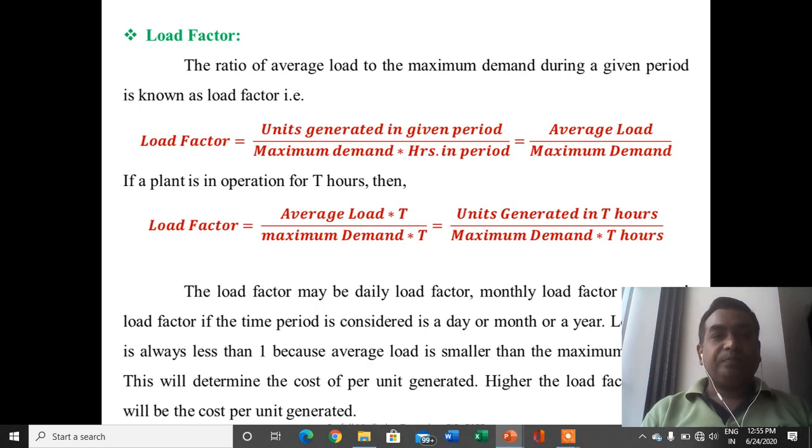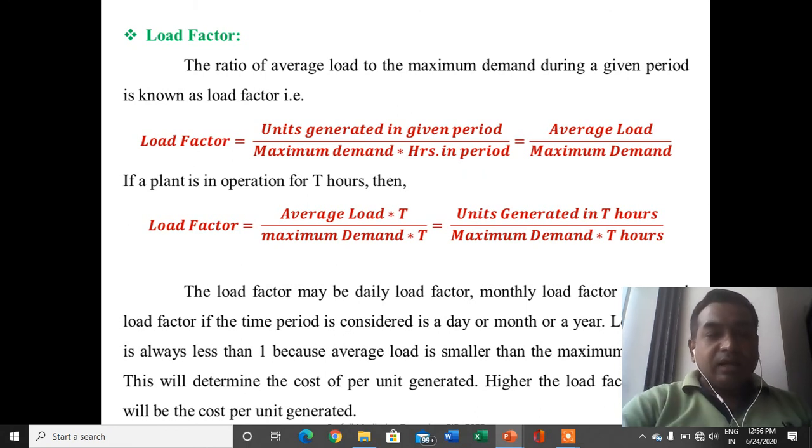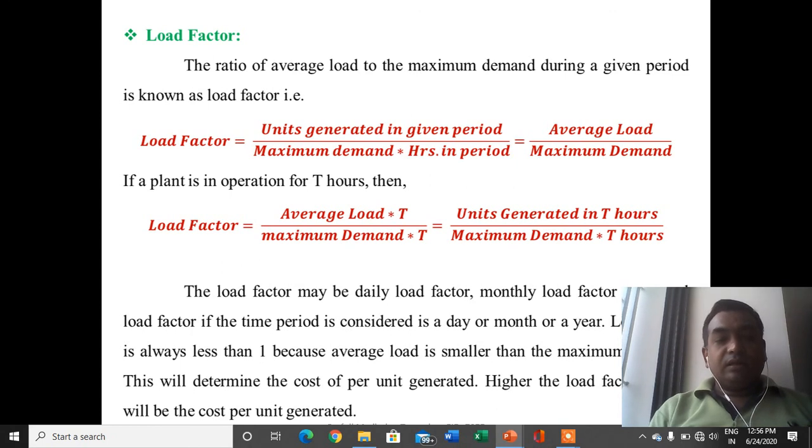Load factor. The ratio of average load to maximum demand during a given period of time is known as the load factor. The load factor could be a daily, monthly or annual load factor. This load factor determines the cost of per unit generation.